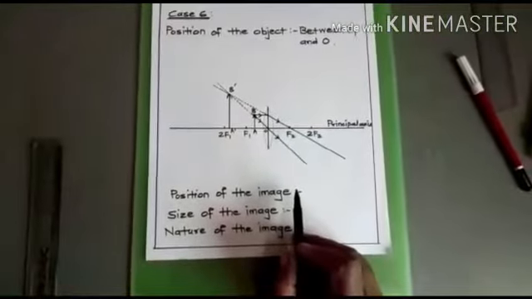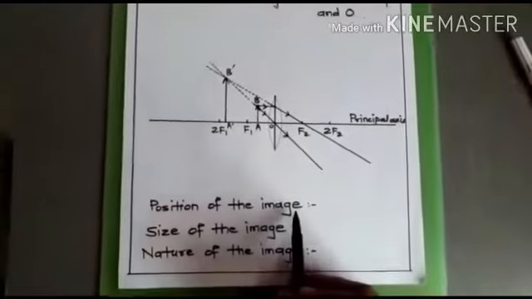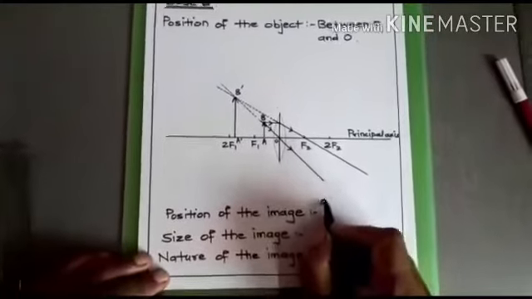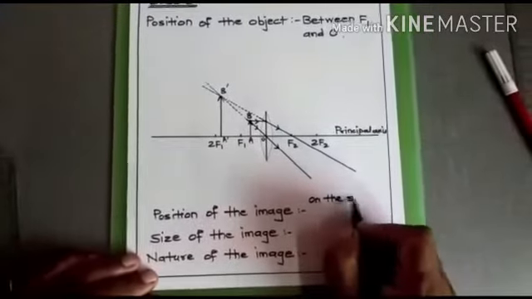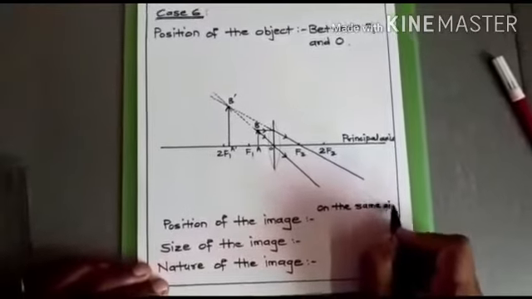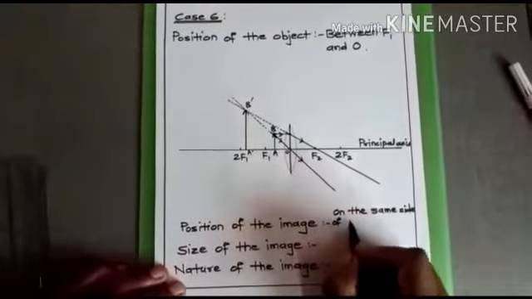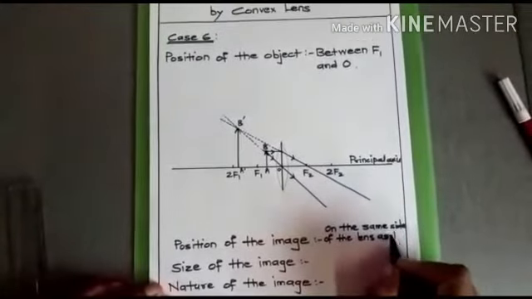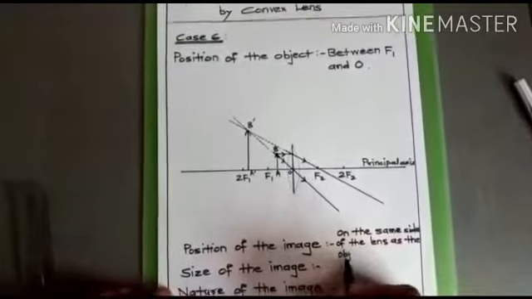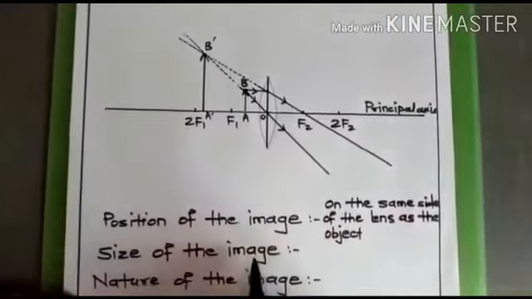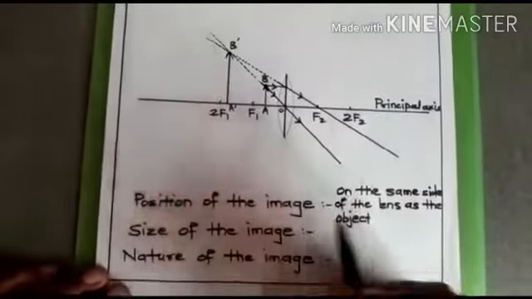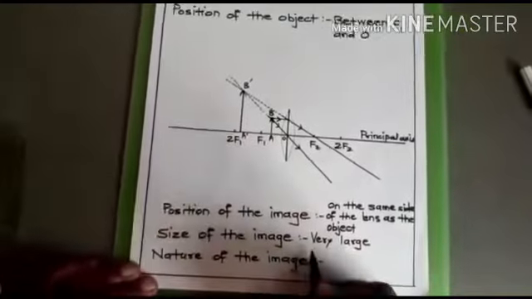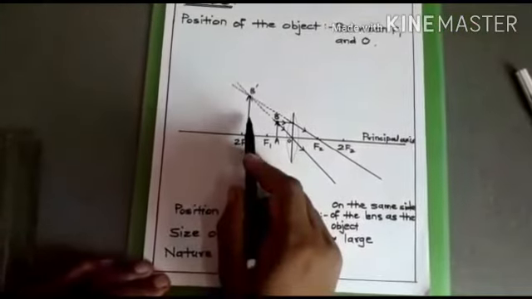Properties of this image are: position of the image on the same side of the lens as the object. Size of the image: very large. Nature of the image: it is virtual and erect.